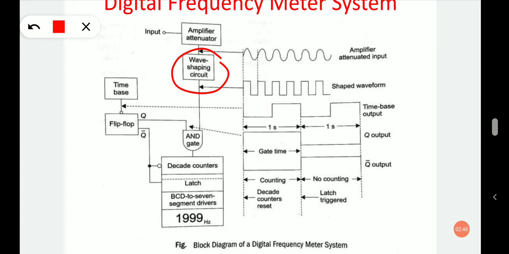The presence of this circuit implies that input can be any repetitive type waveform such as sinusoidal, triangular, or square wave. The output of wave shaping circuit is then applied to a two input AND gate.